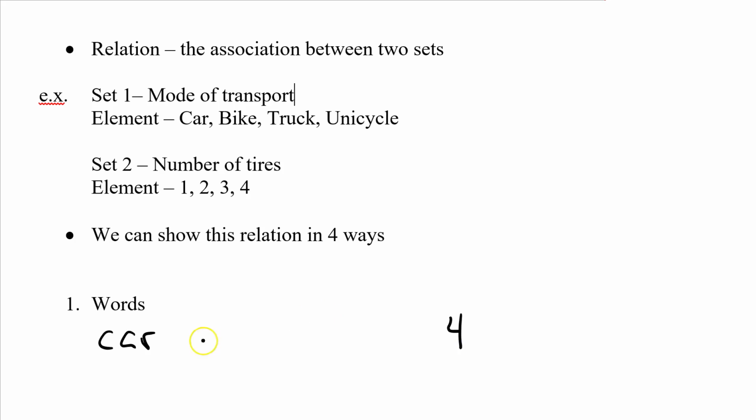And in between here, we need a little bit of description. This is where our words come in. So car and 4, we need to tie that together, saying a car has the number of tires. And that's really our association.